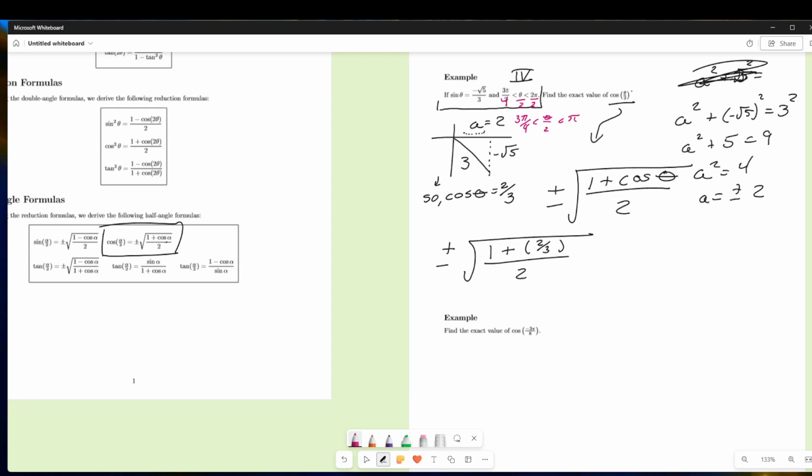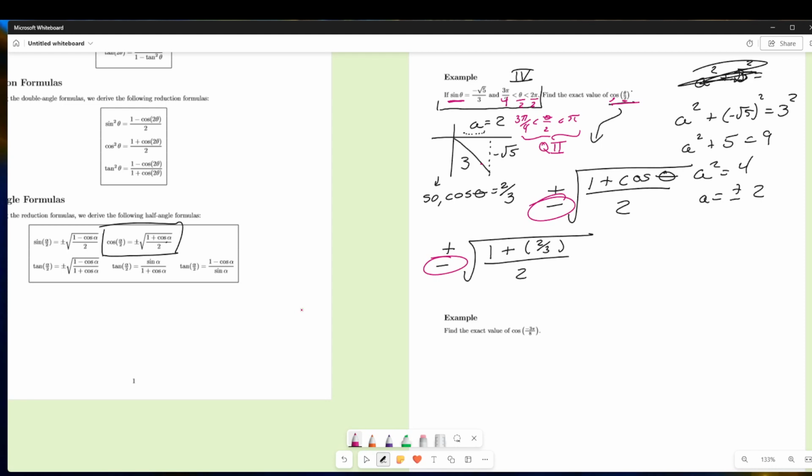And we divided 3 pi over 2 by 2, so it turns into 3 pi over 4. So the argument of this cosine is between 3 pi over 4 and pi. Well, that's quadrant 2. So theta is happening in quadrant 4, but theta over 2 is happening in quadrant 2. And cosine in quadrant 2 is negative. So we have to use the negative here.